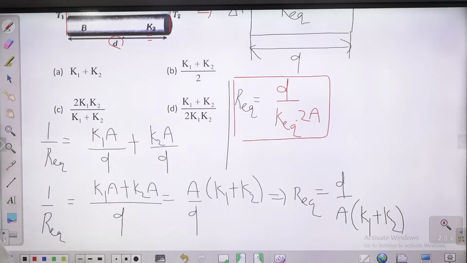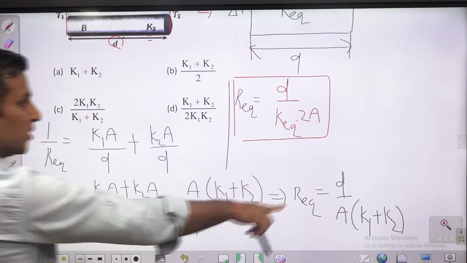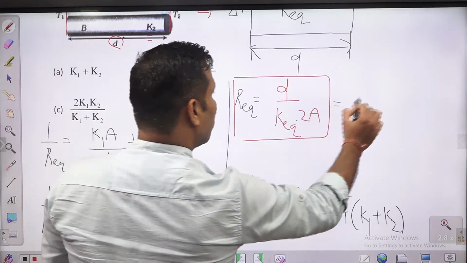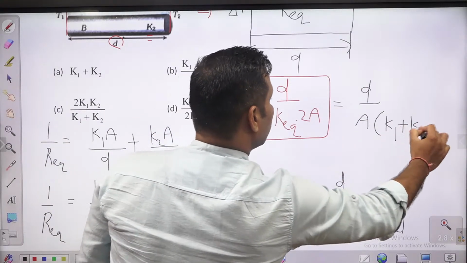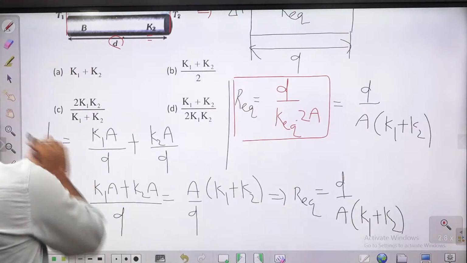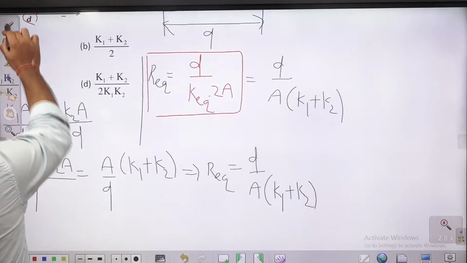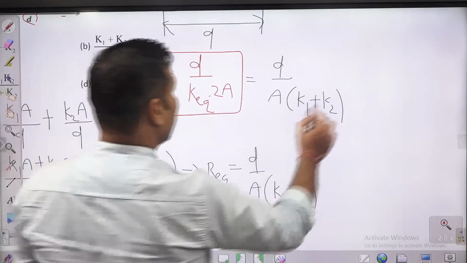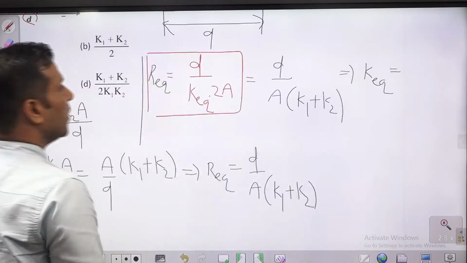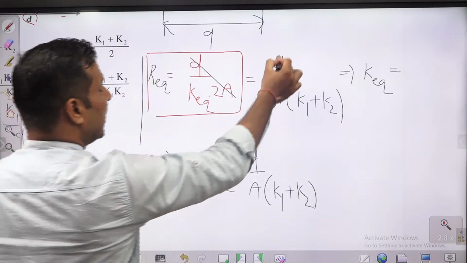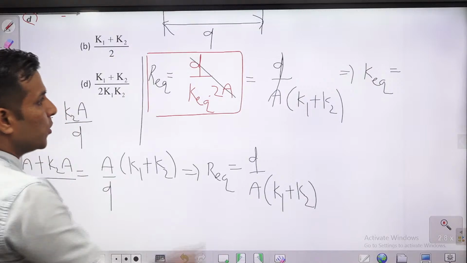Now, can you equate this and this? This is equation 1, suppose this is equation 2. So if you compare this and this, D by A into K1 plus K2. What you will get, guys? Comparing this, you will get K equivalent equal to, देखो D and A will cancel out. Okay, so K equivalent will be what?